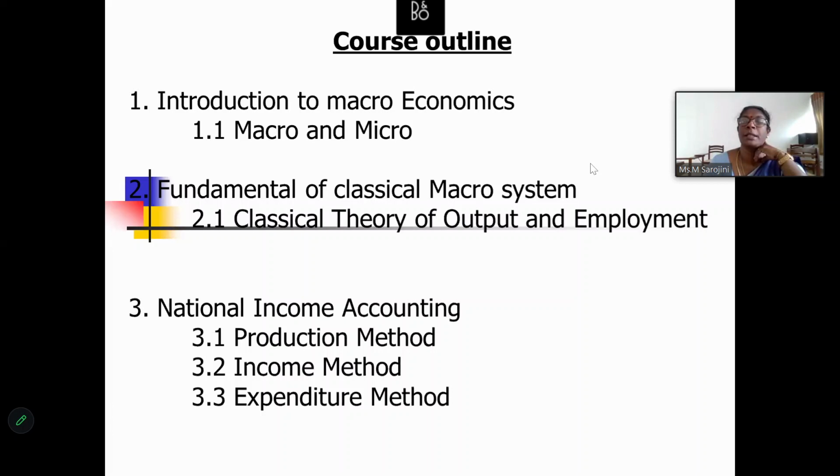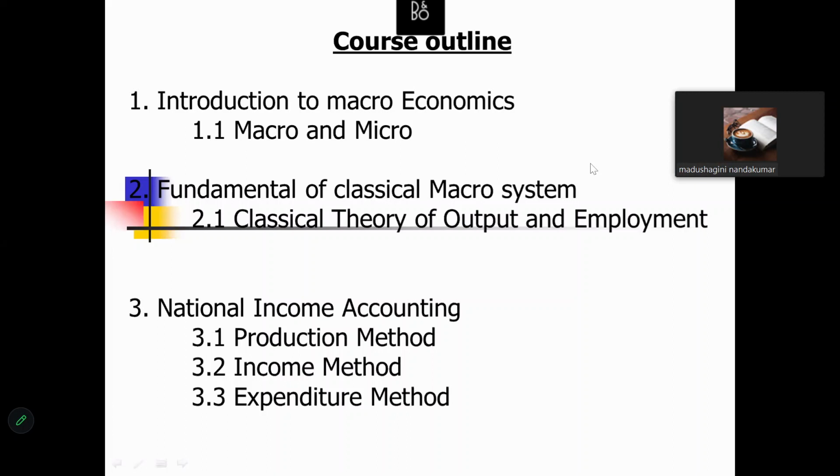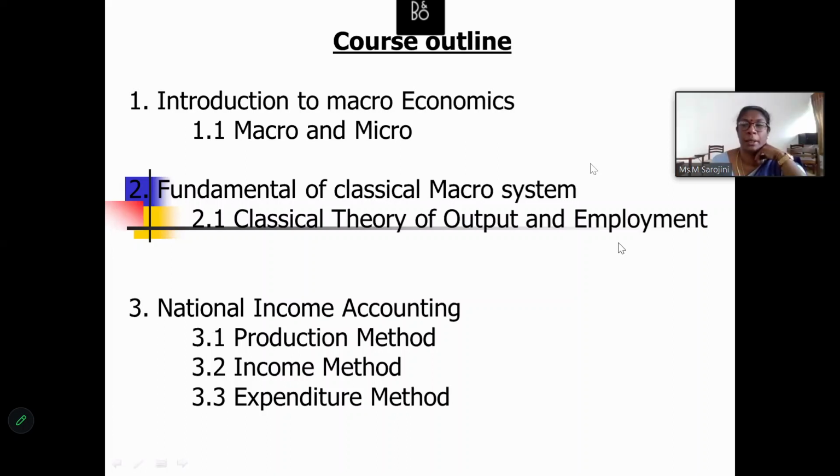And the second chapter is the fundamentals of the classical macro system. Under that, we have to look at the classical theory of output and employment. Then the third one is national income accounting. Under national income accounting, we have to learn about the production method, income method, expenditure method, as well as some concepts related to national income.